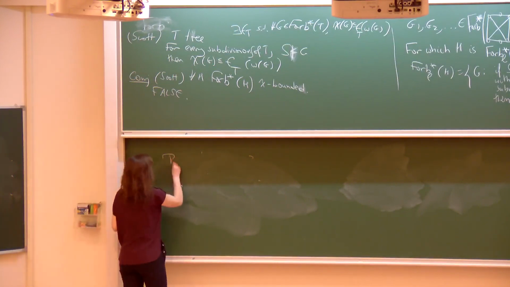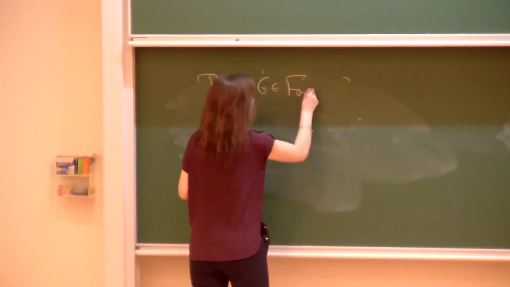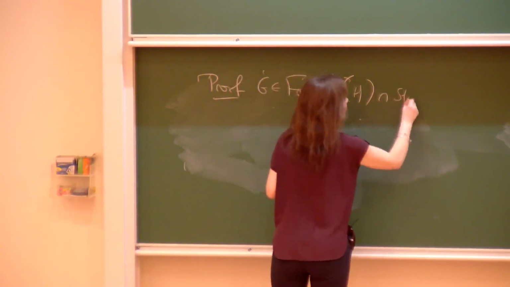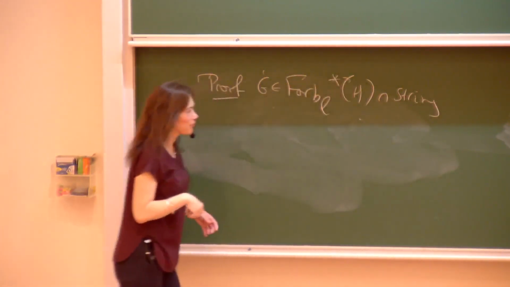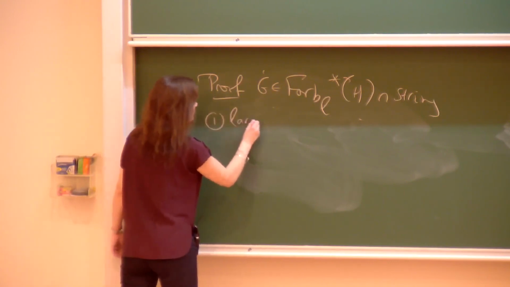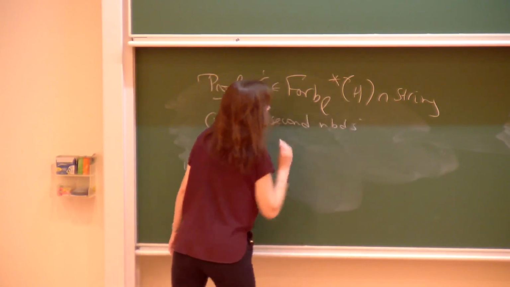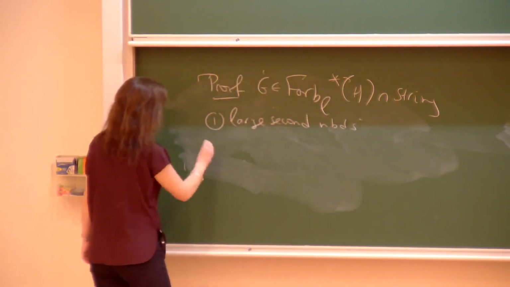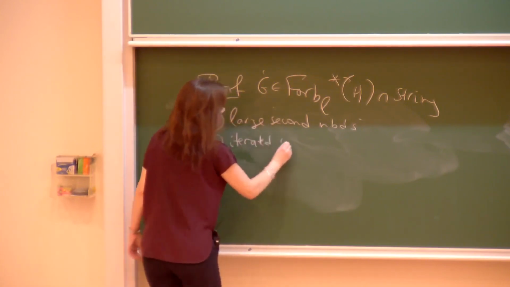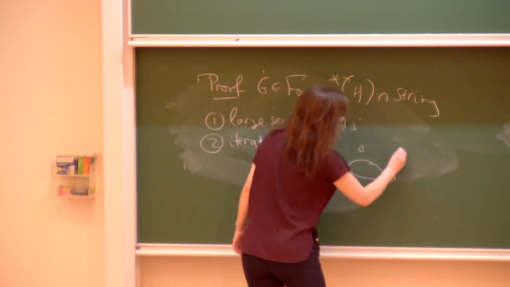Proving that G is in Forb L star H intersect string. And first of all, we can prove large second neighborhoods. So then you can take iterated colors. So that means you have this picture.